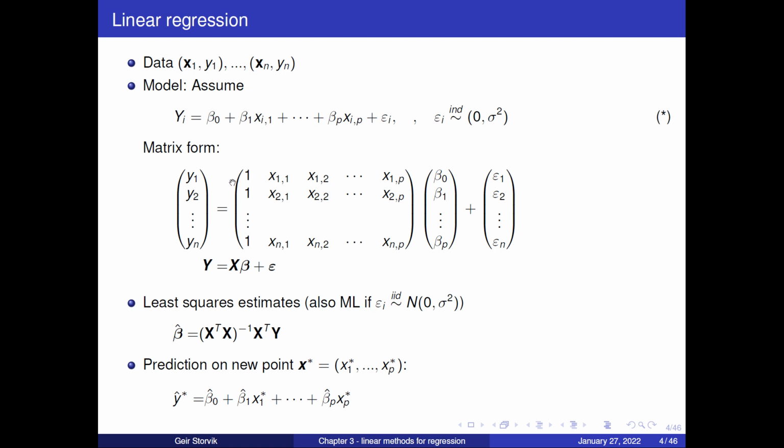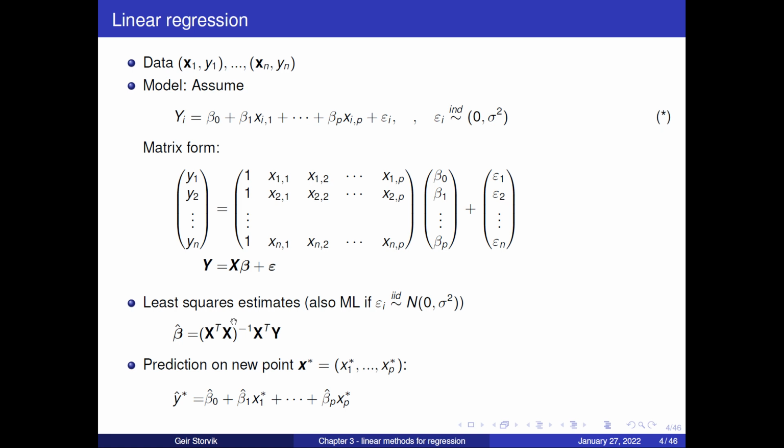And then we saw earlier as well that we could write this relationship in matrix form by specifying this design matrix and corresponding vectors. And then we have this on vector form y equal to X beta plus epsilon. And then also we saw that the least squares estimate is given by this beta hat, which has this analytical expression.